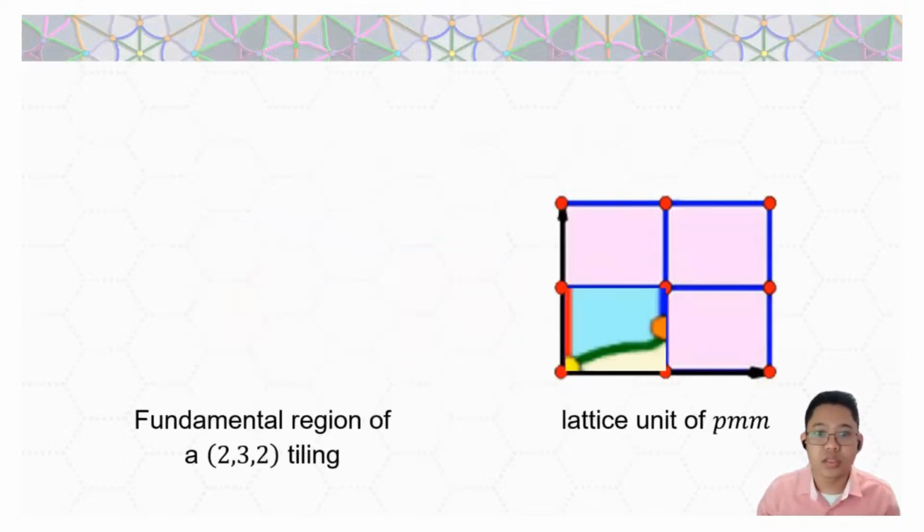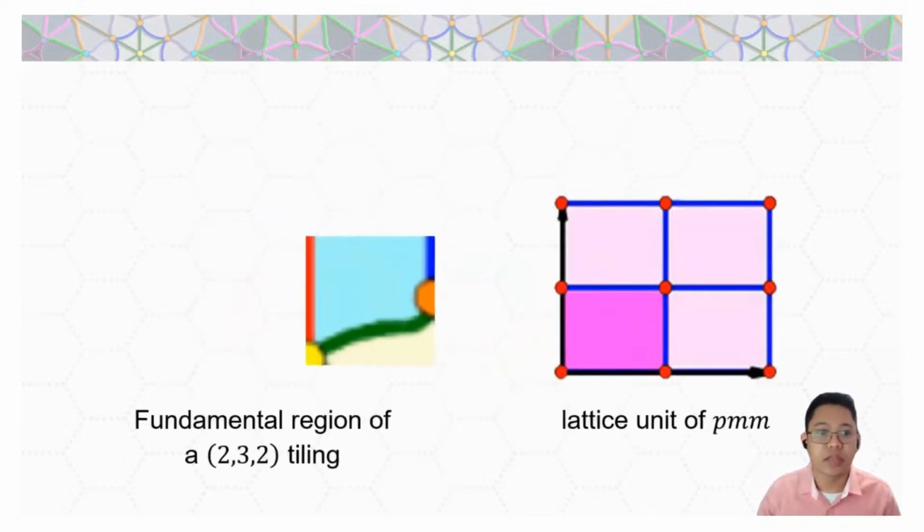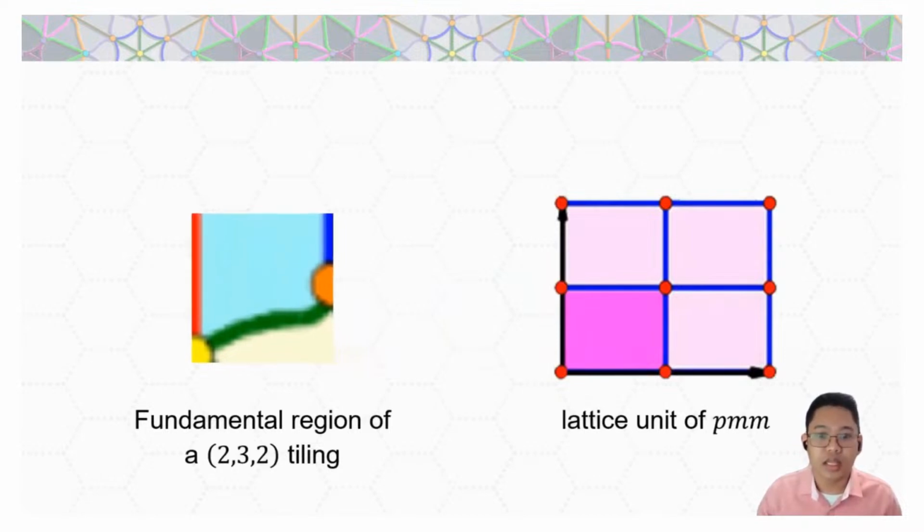So the things that we need are a fundamental region and the lattice unit of the symmetry group that you want to create. For example, if you want to create a tiling having a symmetry group that is PMM, I showed you the lattice units earlier of different symmetry groups. This is the lattice unit for PMM.